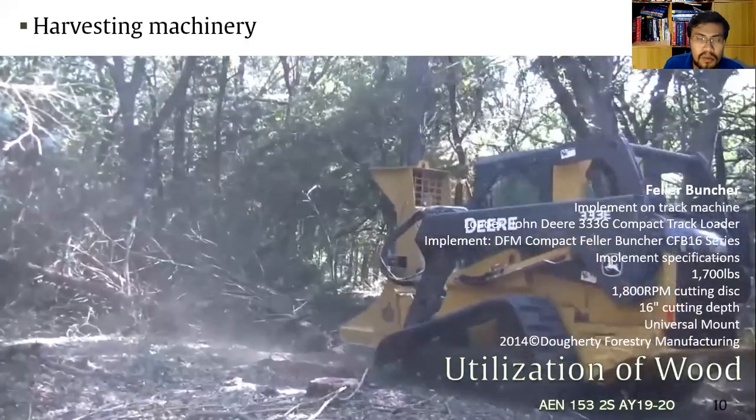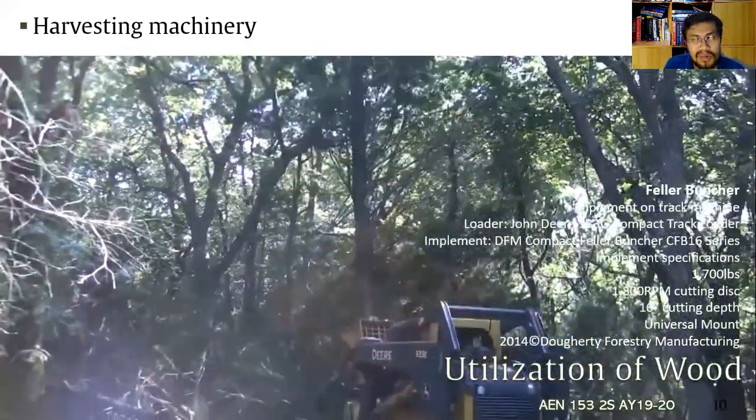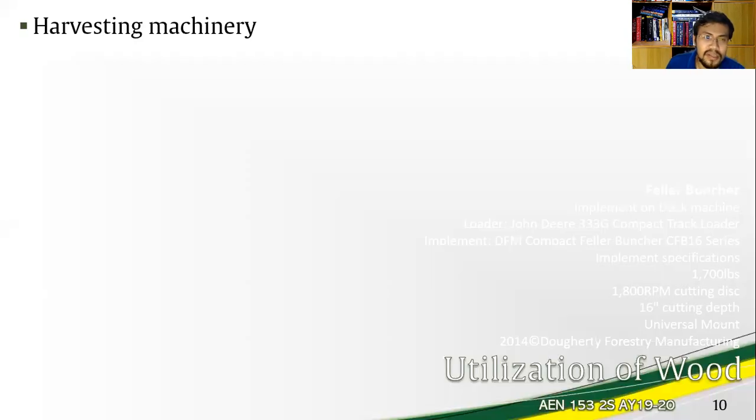Now, once you have the lumber, what are you going to do? We're going to discuss that in the next part of the discussion. Thank you, and I'll see you there.